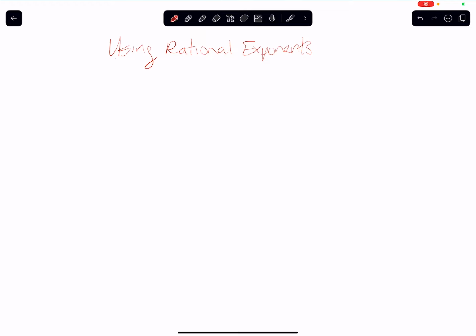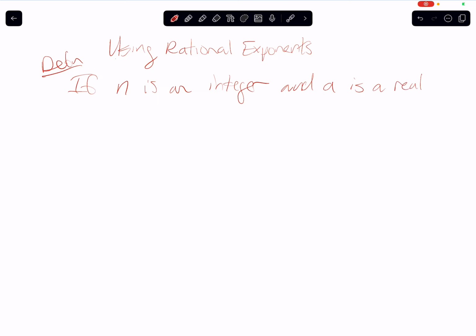So, if n is an integer, it's the definition. If n is an integer and a is a real number, then a raised to the 1 over n power is equal to the nth root of a.